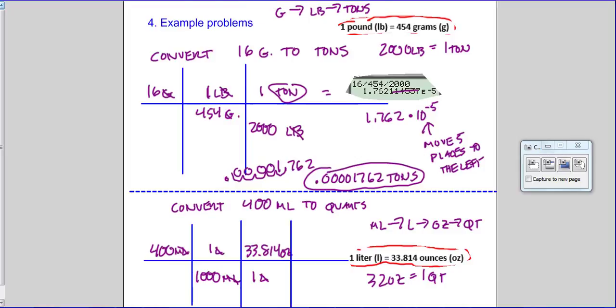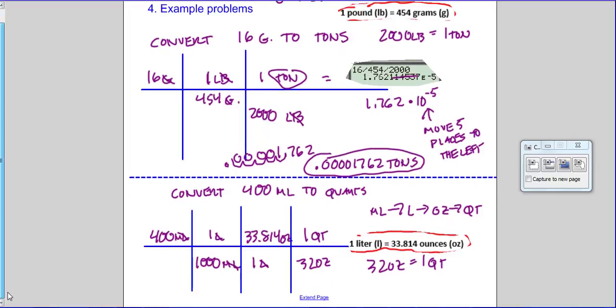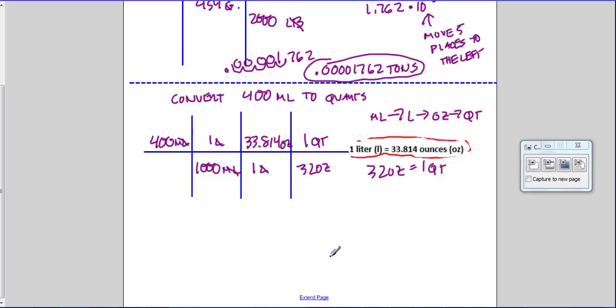And finally, I know that 32 ounces is 1 quart. So now I take my calculator and I go 400 times 33.814 divided by 1,000 divided by 32, and I will have my result.